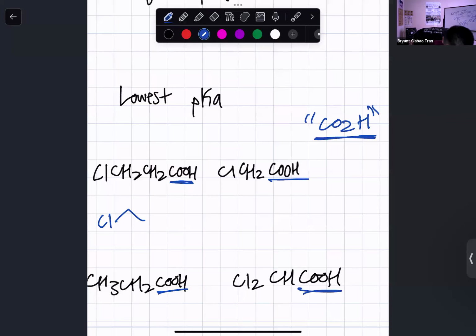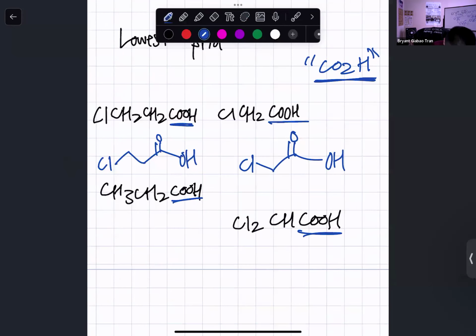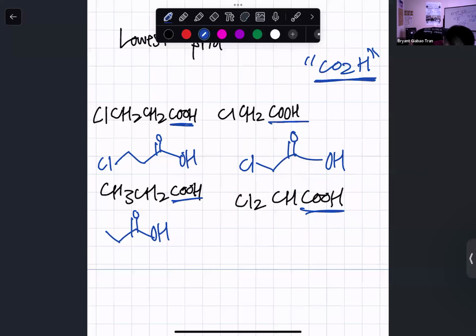CH2 CH2 carboxylic acid with Cl, then Cl CH2 carboxylic acid, CH3 CH2 carboxylic acid, and Cl Cl. Okay. So these are the acids in bond line form.